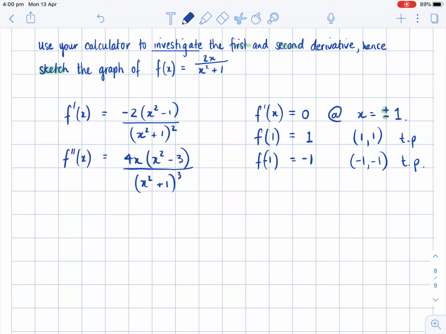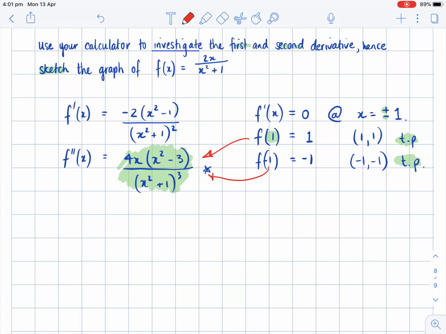Alright, now we can use the second derivative here to find out whether these turning points are a maximum or a minimum. If I substitute in the x value into the second derivative, if it's negative, then it will be a maximum point, and if it's positive, then it will be a minimum point.